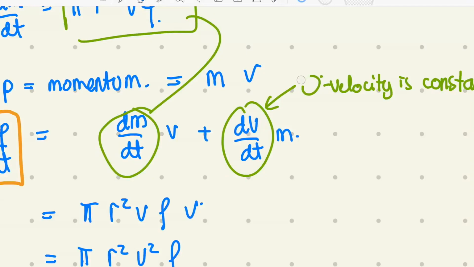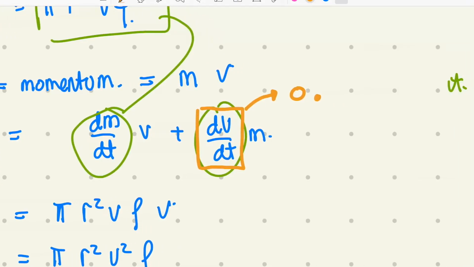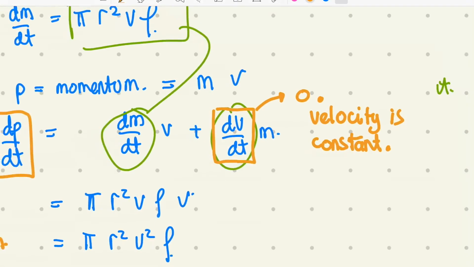Then this dv/dt here will be 0. This thing is 0. The reason is velocity is constant. If something is constant, then the rate of change of that is 0.